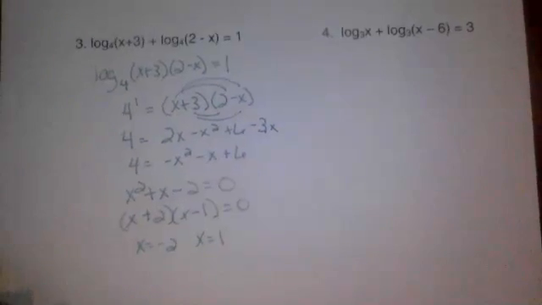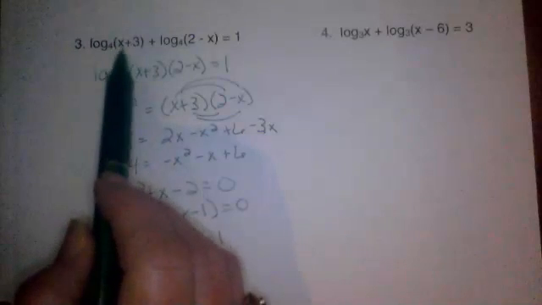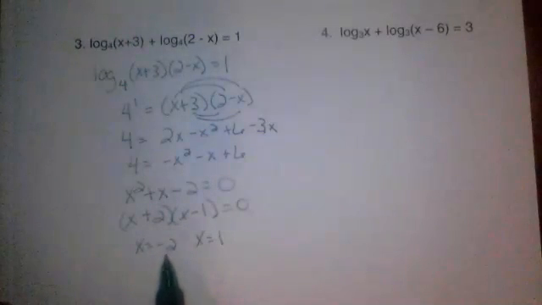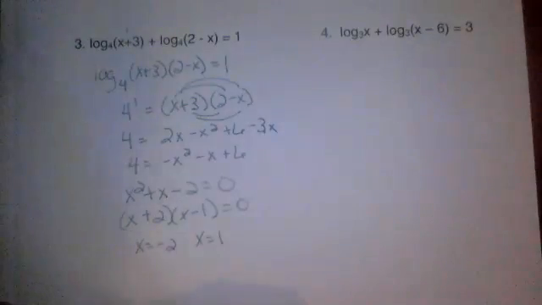Now this might be one where you would consider what I said in number 2 about x has to be positive. The x inside your logarithm has to be positive. So we got a negative answer. Does that mean I need to exclude it? Well, what I have to do now is go back up here because it wasn't just an x. We can't take the log of a negative number, but if I put negative 2 in here, negative 2 plus 3 is actually positive 1.